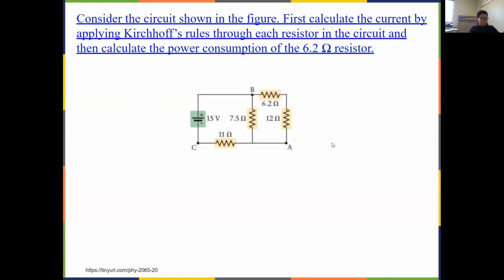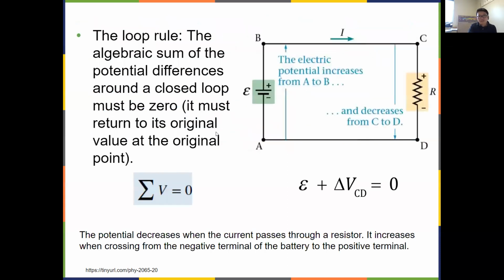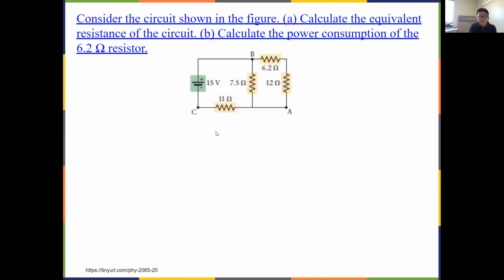So we'll be using the same circuit, the same problem. We'll take actually two of them. The first one will be the same as the one we looked at before, but because there's only one battery, you can actually do what we did here, right? And then solve for that.